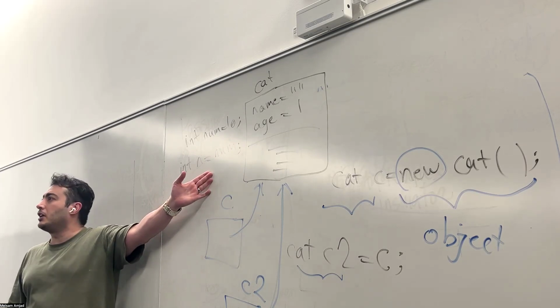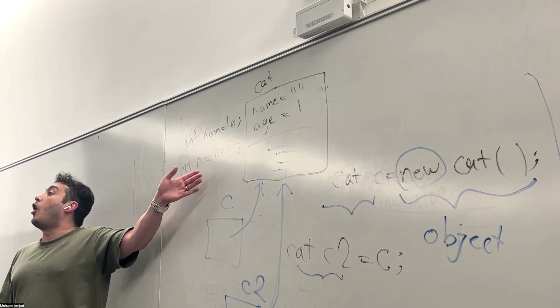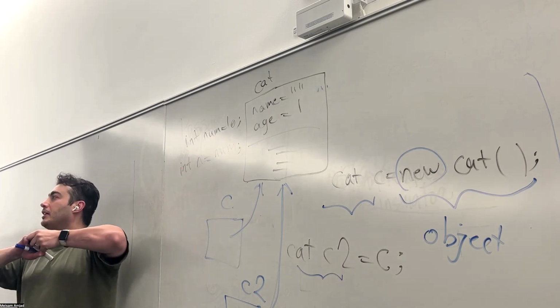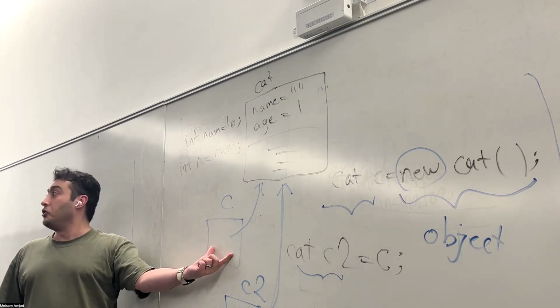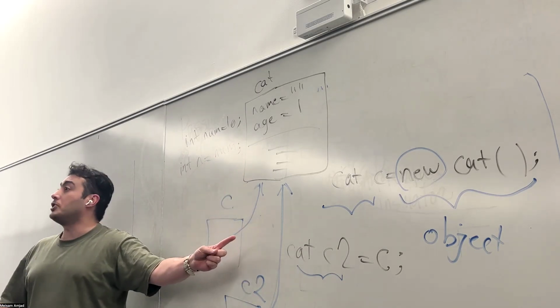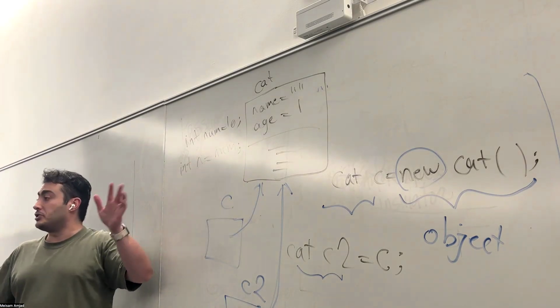This is actually a separate copy, because with primitive types, variables and values are the same thing. Unlike here, where variables are not the values. They're pointing to the values.